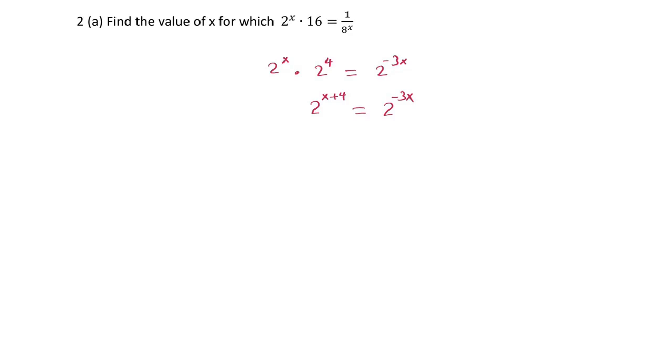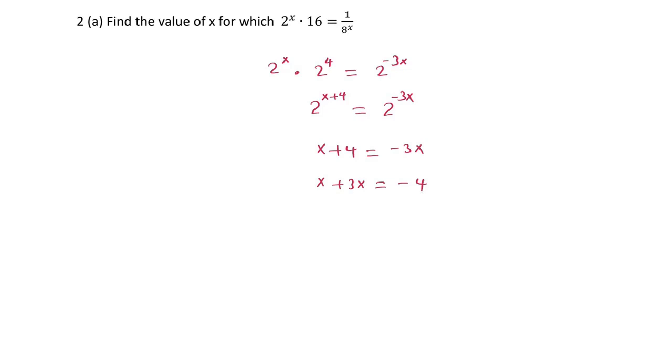Next, we are going to equate the exponents from both sides because their bases are the same. So our equation is going to be x plus 4 equals negative 3x. Okay, so now let us combine the like terms. Our equation is going to be x plus 3x equals negative 4.